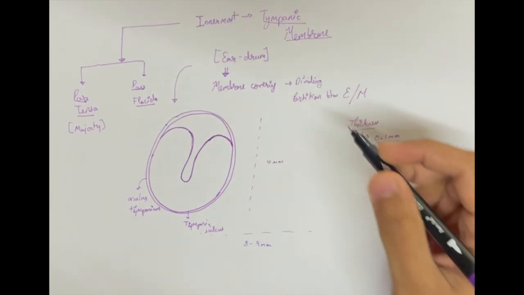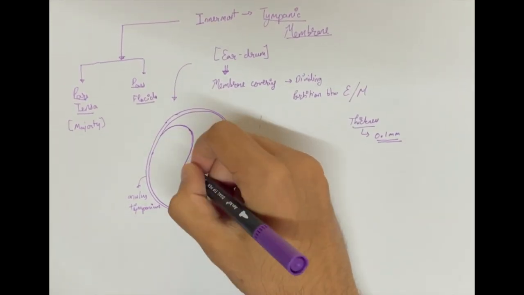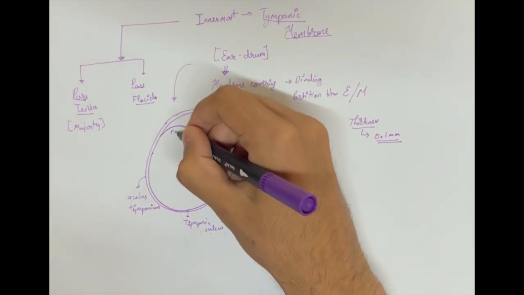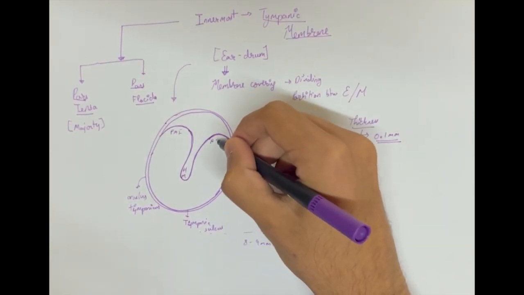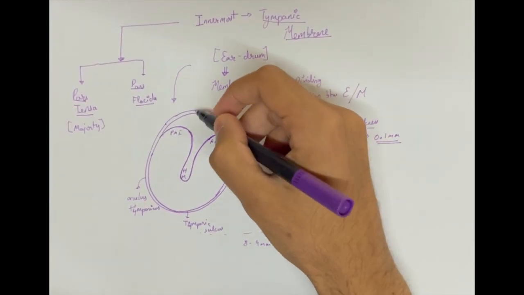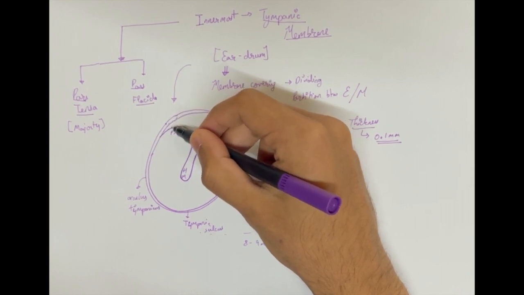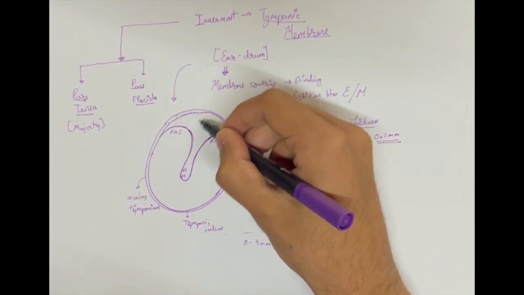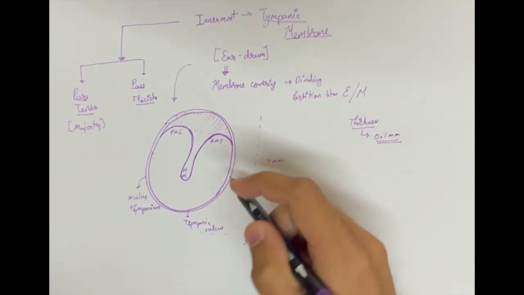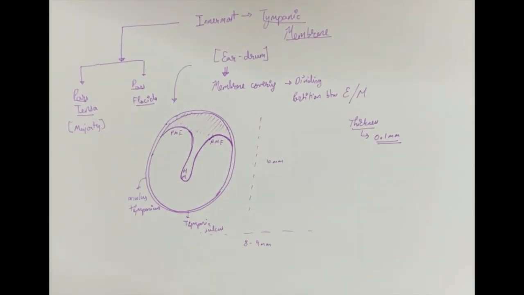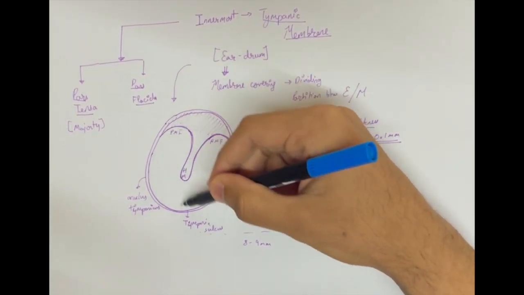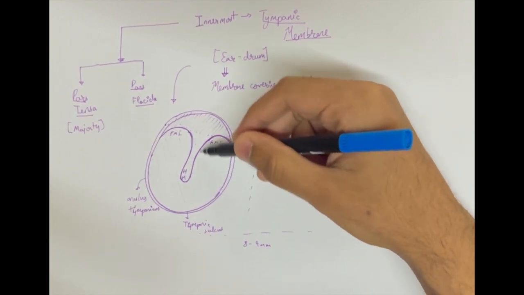So this is the handle of the malleus, and these are the posterior malleolar fold and the anterior malleolar fold. The superior aspect is the pars flaccida, because it is flaccid, not very tense, whereas the inferior aspect is the pars tensa.